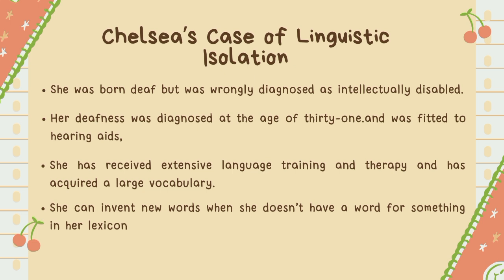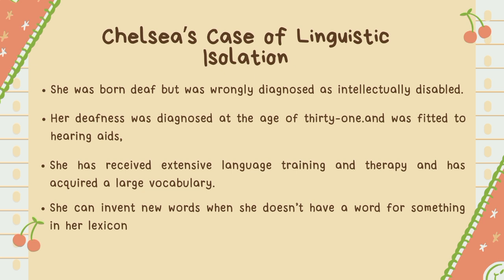At this point, she was fitted with hearing aids to assess her hearing. Following her diagnosis, Chelsea received extensive language training and therapy. Through these efforts, she was able to acquire a large vocabulary, significantly improving her communication abilities.